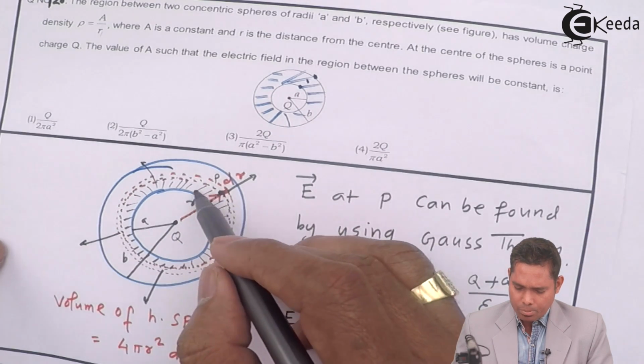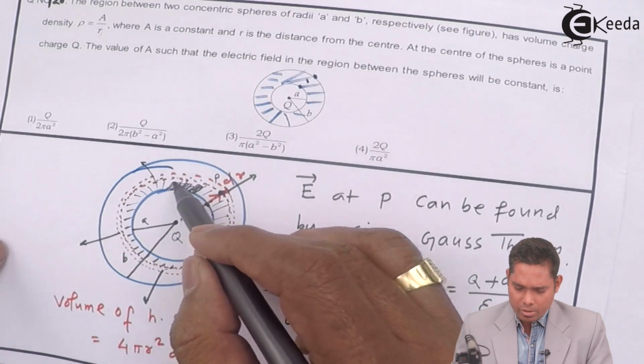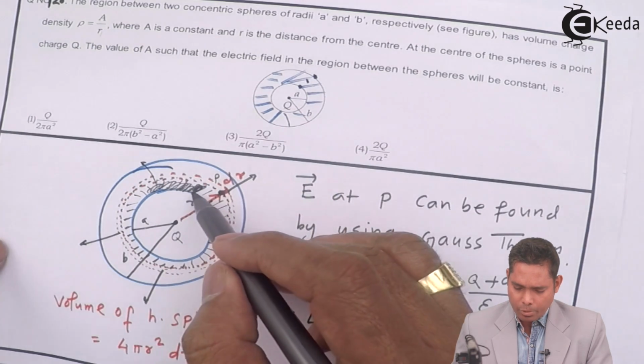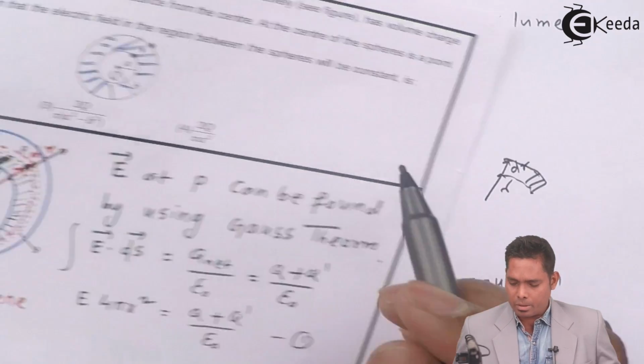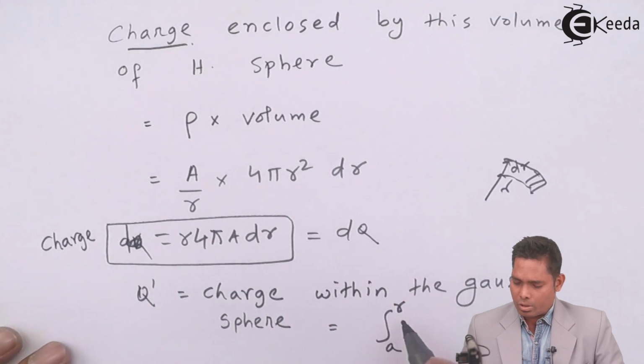So this portion only includes these charges, so the integration will be from this point to this point, that is, a is the lower limit and r is the upper limit, and the charge dq is 4 pi a r dr.